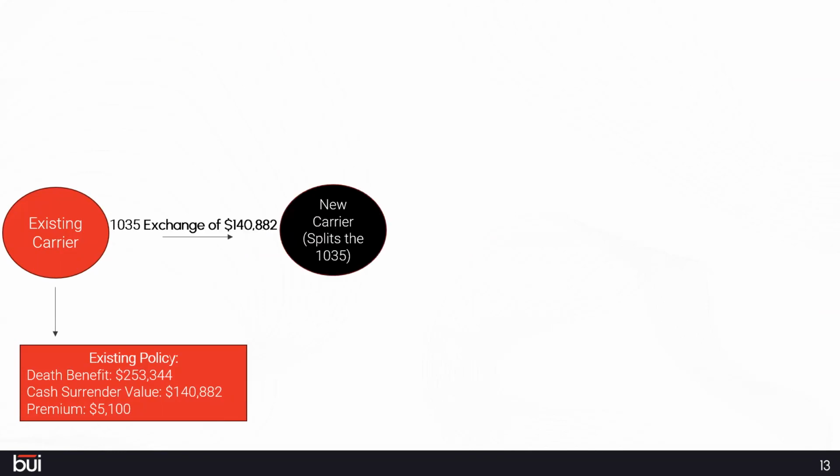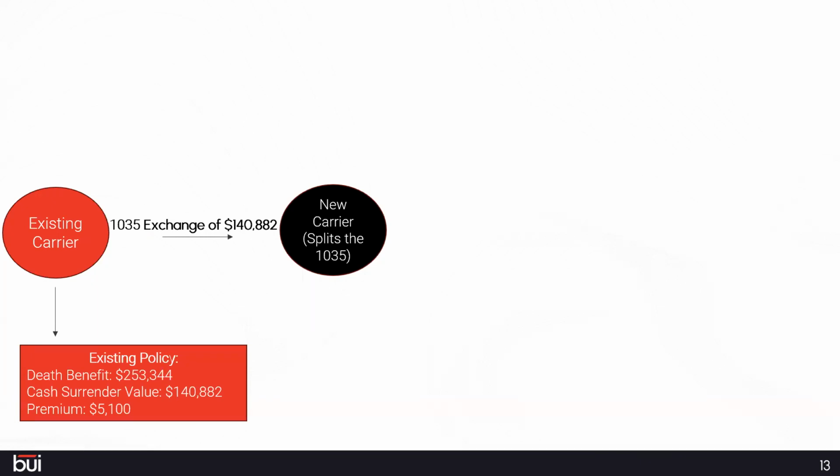We did a 1035 exchange of her existing cash value. The benefit of the 1035 exchange is that it's a like-for-like, tax-free exchange from one carrier to the other. Rather than surrendering the plan, paying taxes, and using a lump sum in a new product, the 1035 exchange helps maintain the tax deferral of the gain.